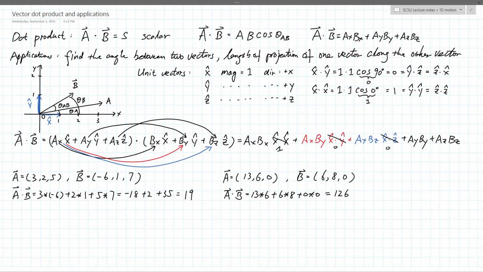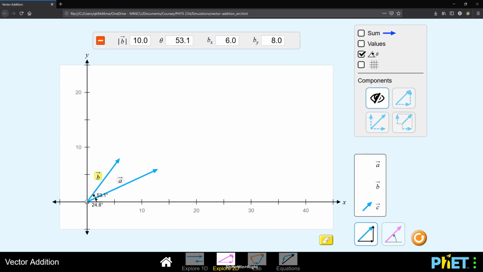Okay, so here we go. Here's the vector simulator. I already have these set up. A is 13 and 6, and there's no z, so 0. And B is 6 and 8. So you can look at the angle. A has an angle of 24.8 degrees, and B has an angle of 53.1 degrees. If you subtract the two, you get 28.3 degrees. That would be the difference displayed here.